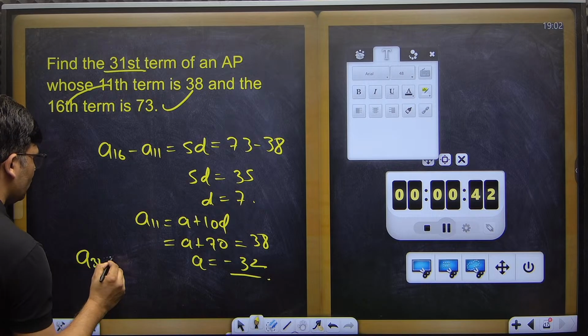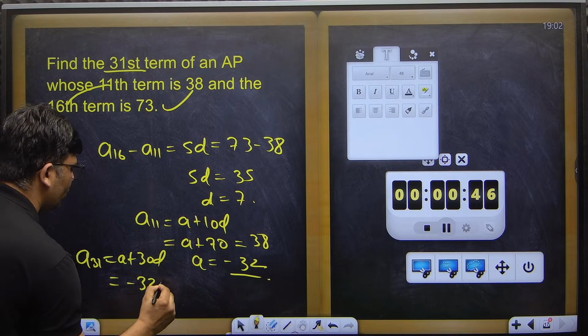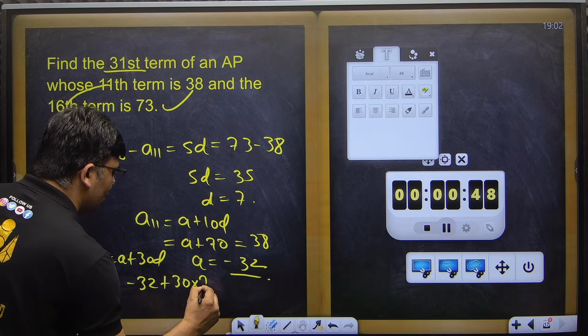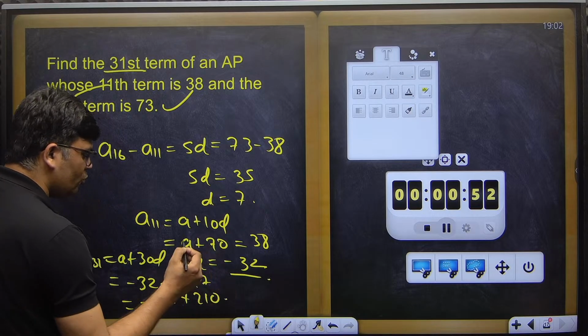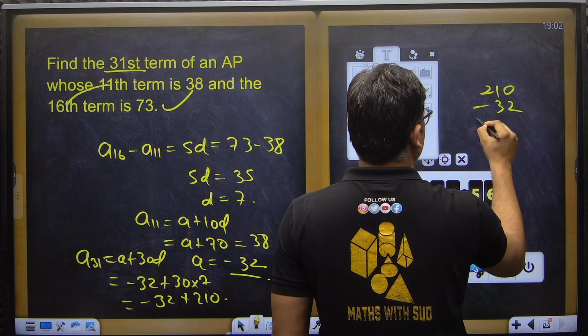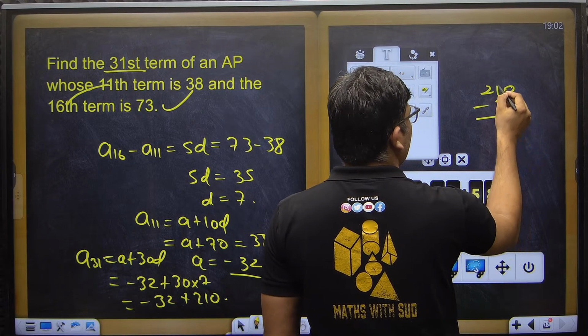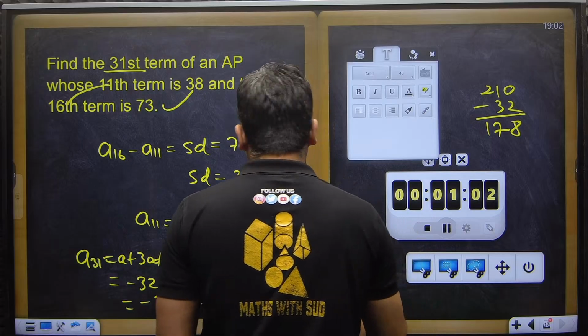A31 will be equal to A plus 30D. A is negative 32, and 30 into 7 is 210. So 210 minus 32. 10 minus 2 is 8 and 20 minus 3 is 17. So the answer is 178.